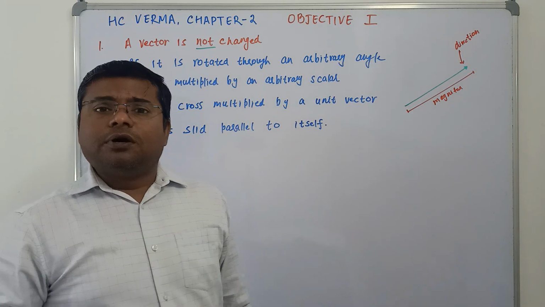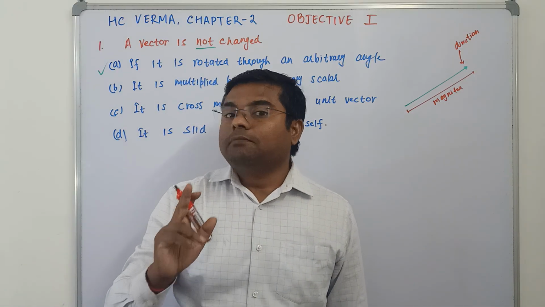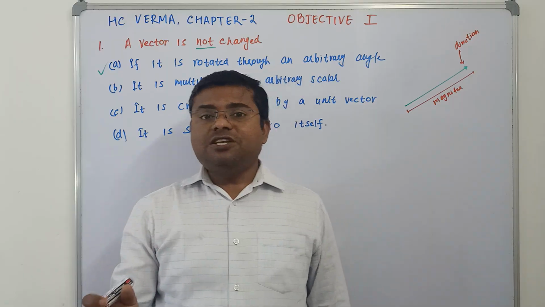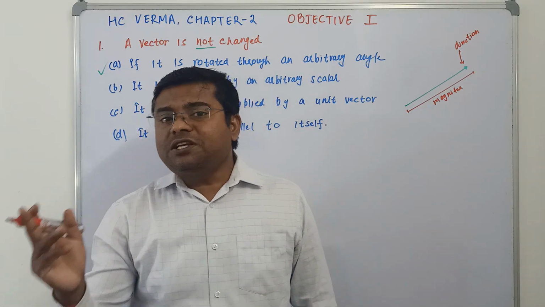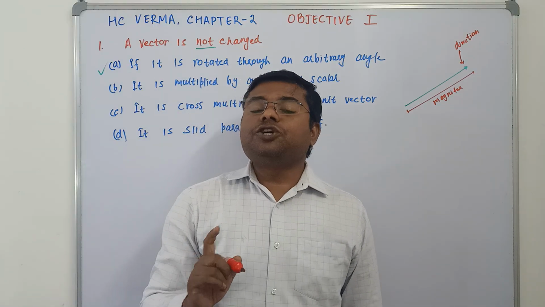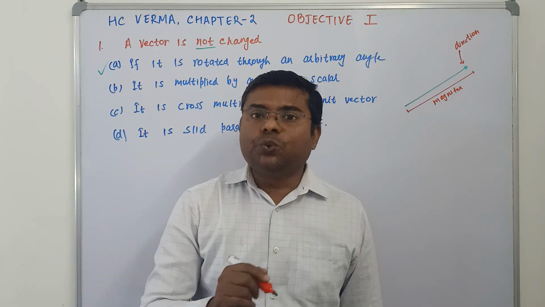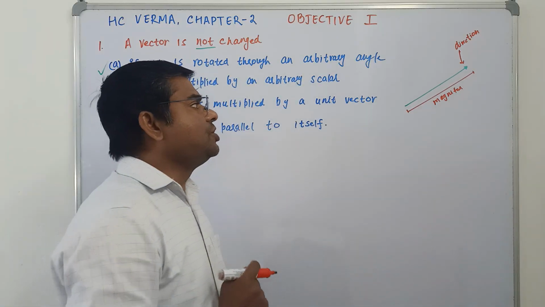So if either of them is changed, the vector must change. If we change the direction, the vector will change, or if we change the magnitude, the vector changes again, and if we change both the magnitude and the direction, the vector must change.